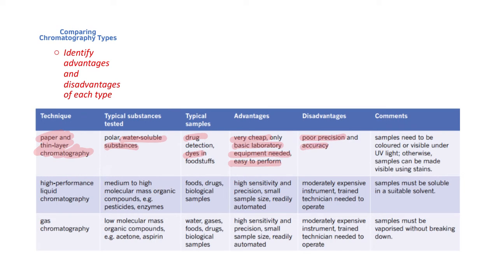If you remember what happens in a thin layer chromatography, you're going to get these kind of splodges, right? You're not going to get very neat bands. So if you're trying to find things that overlap each other, that's going to be difficult to do.